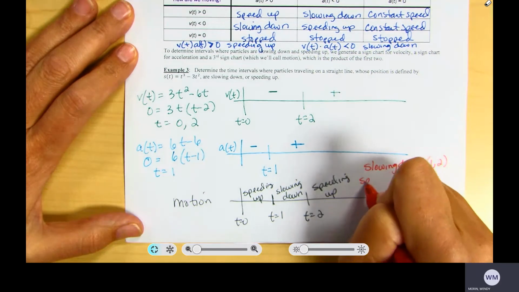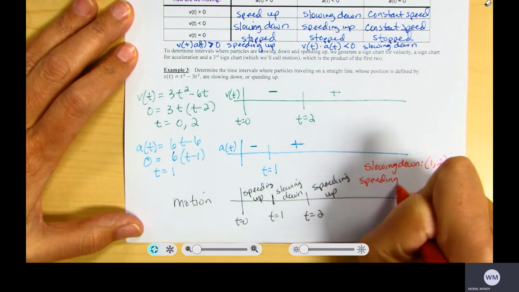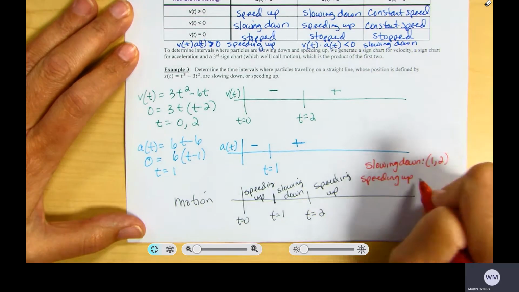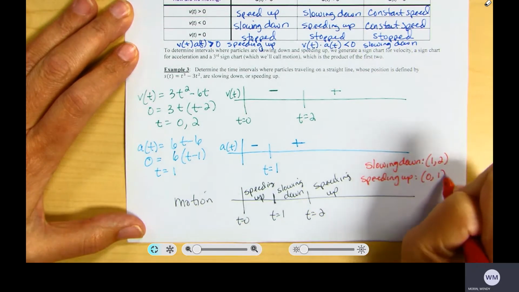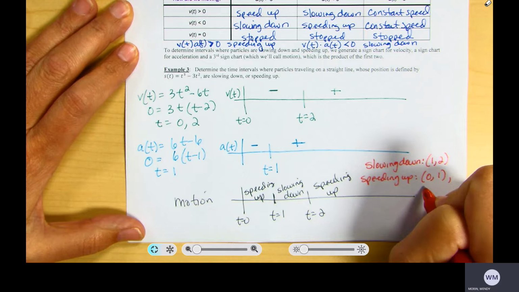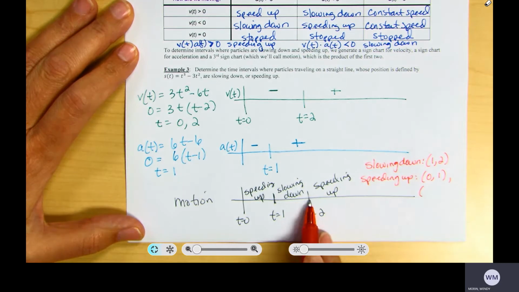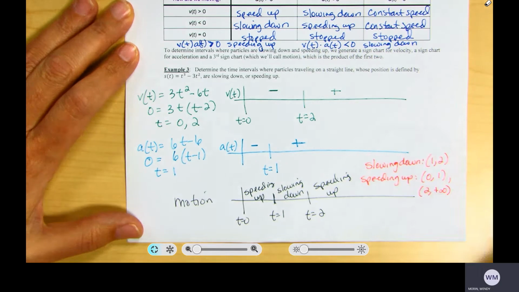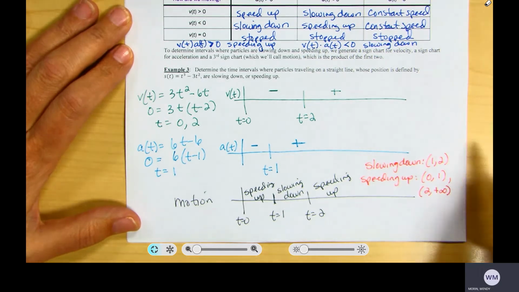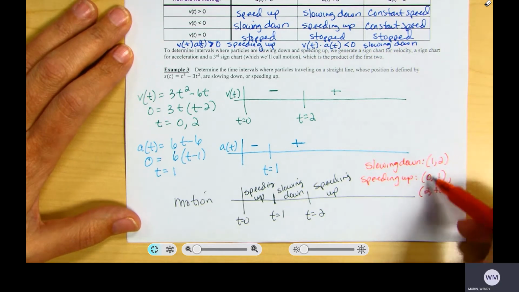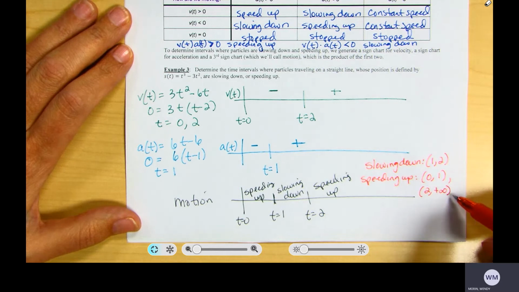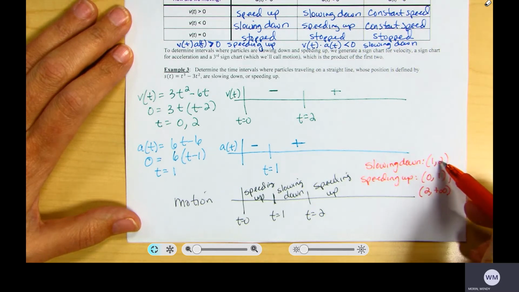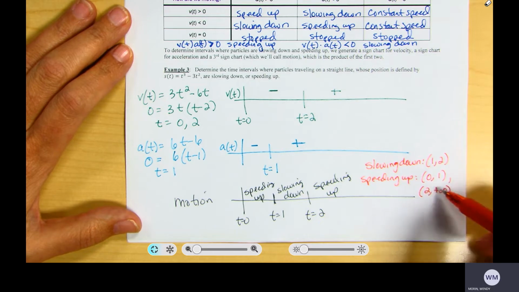And then the interval for speeding up is from 0 to 1 and from 2 to infinity. For speeding up and slowing down, we are going to use parentheses. We're not going to use brackets because at 1 and at 2, you have to stop. You don't want to include them, so we're going to use parentheses.